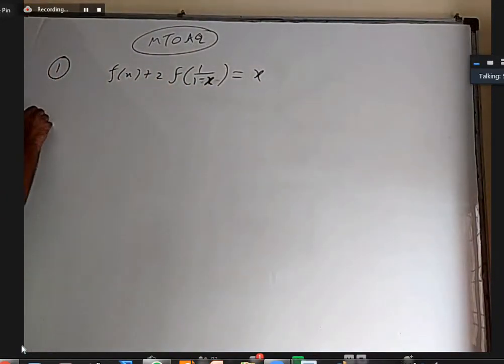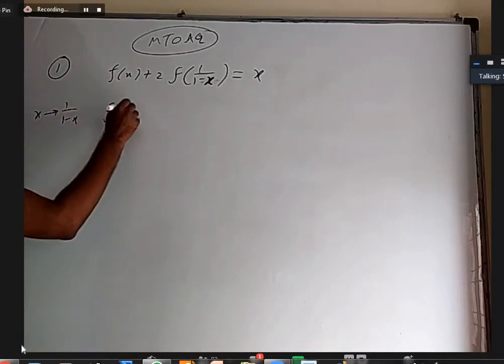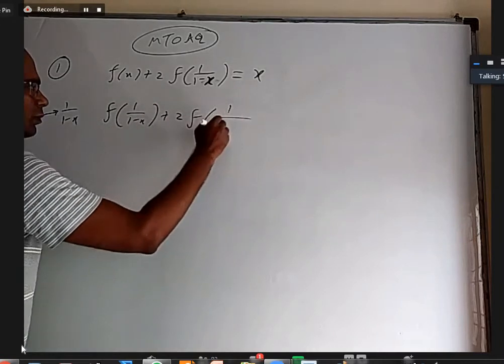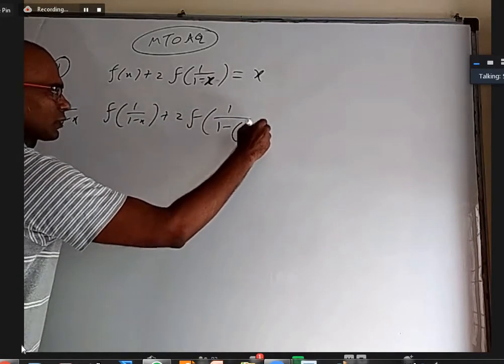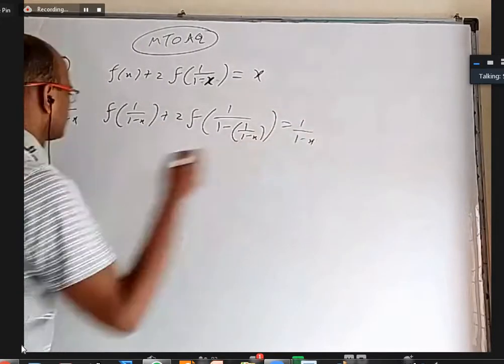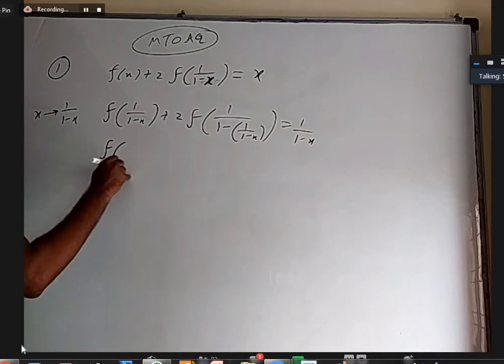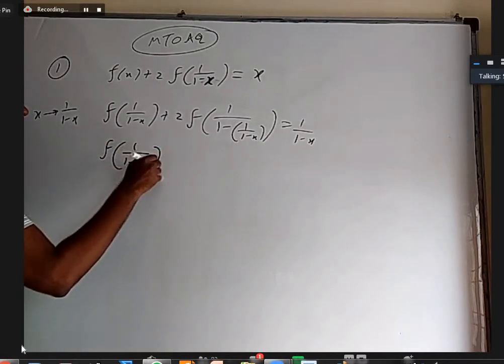Okay, so replace x with 1/(1 - x). So this will become f(1/(1 - x)) + 2f(1 - 1/(1 - x)) = 1/(1 - x). Wherever x is there, I substituted 1/(1 - x). What happened? This is f(1/(1 - x)).